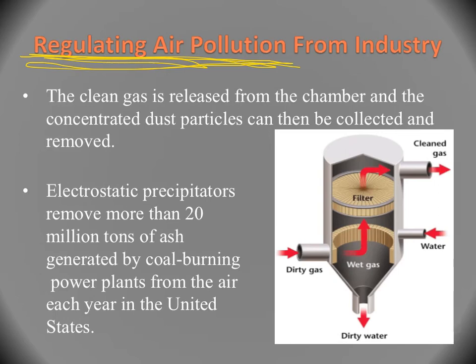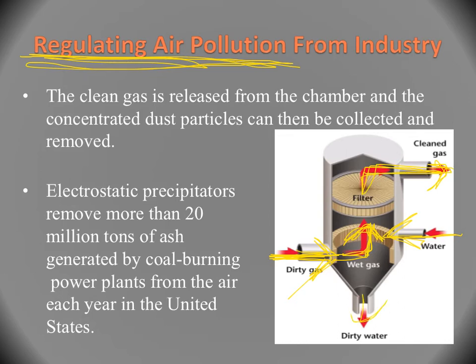So what we've got coming in is some dirty gas coming into our scrubber right here. Over here, water comes in through this filter area, and that dirty gas goes through the water, gets sprayed with the water, travels through the water, becomes a wet gas, which then goes through a filter, and that filter collects a lot of the particles that dissolved in the water.